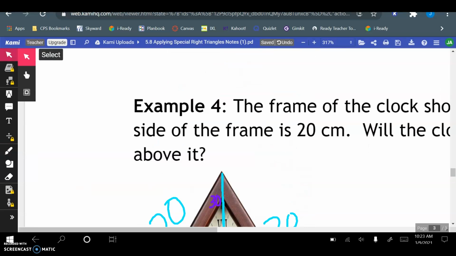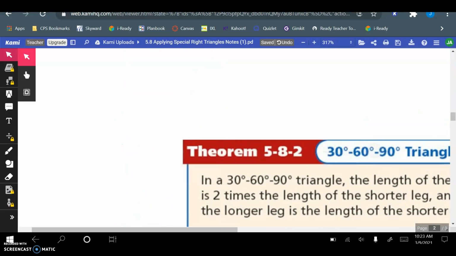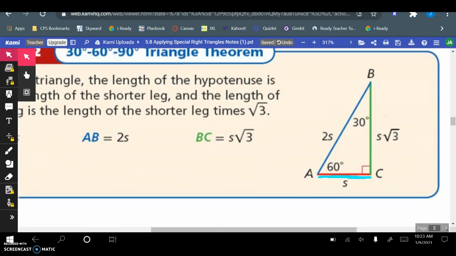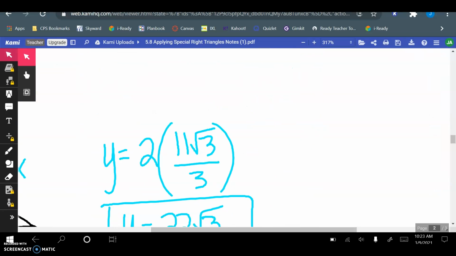And if we go back up to our theorem, our shortest leg is S, and that would be 10. Our hypotenuse is 2 times that, and then the other leg is that number times the square root of 3.